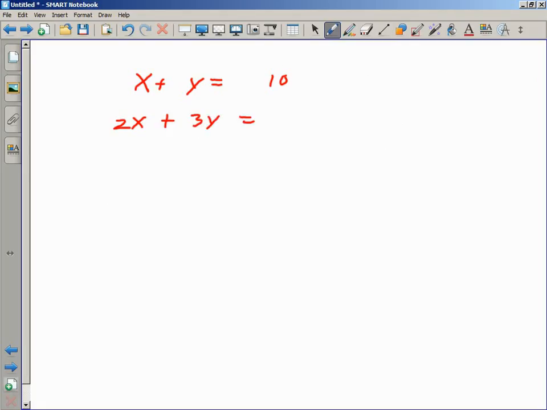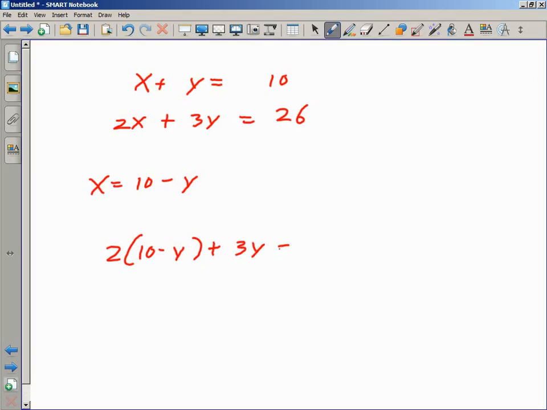Now, let's just do substitution for the heck of it. I'm going to say x is equal to 10 minus y. All right, so then I say 2 times (10 minus y) plus 3y is equal to 26.